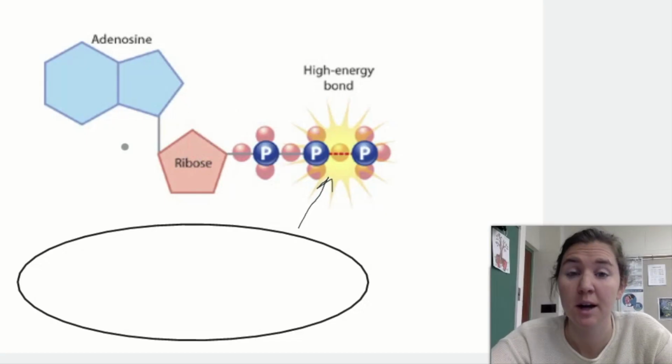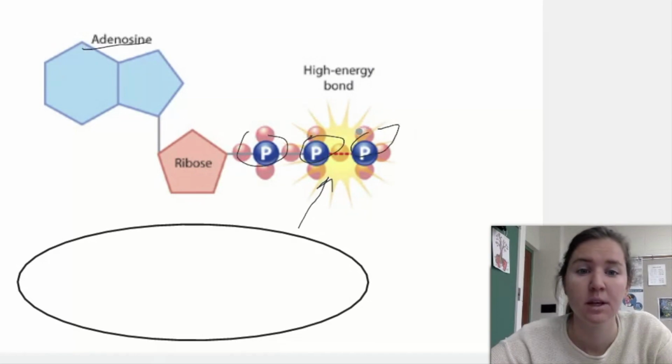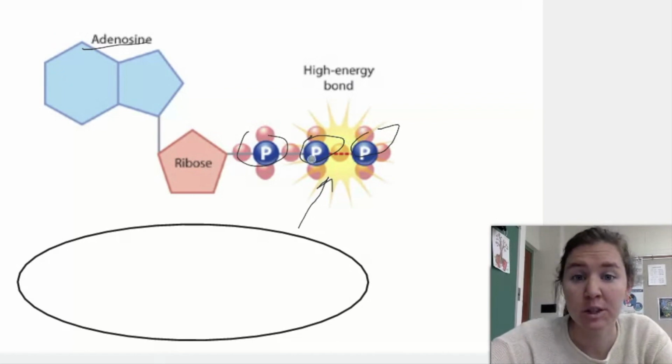Now I talked about how active transport requires energy, and that energy is called ATP. It stands for adenosine triphosphate, because there's these three phosphates here. So that is what the cell uses for energy, and how it gets energy from that is actually by breaking this last bond between these phosphates.